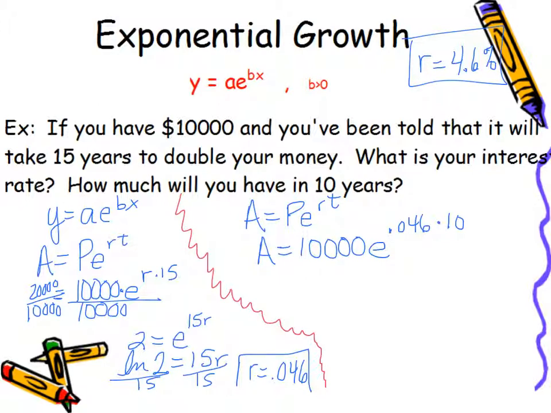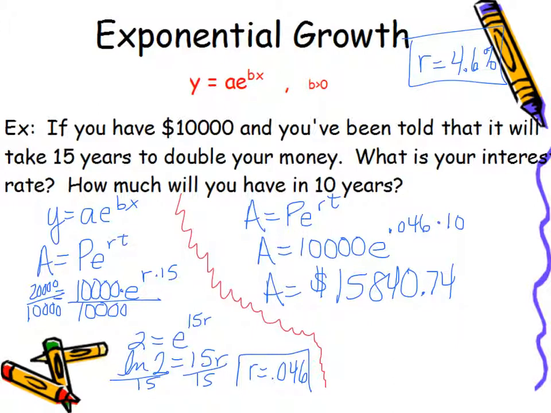You're going to go 10,000 times e, which is second ln, raised to the 0.046 times 10, close your parentheses, or get out of the exponent and press enter. Okay, and it looks like we're going to have $15,840, and I have 74 cents.